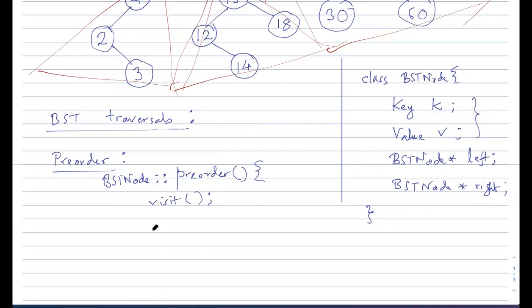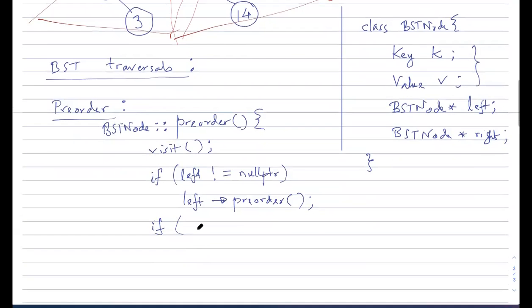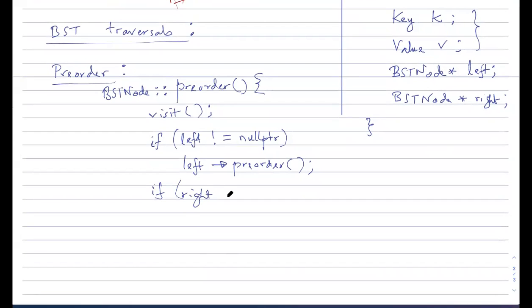Okay, and then after that, I check if left is not equal to null pointer, then I go left pre-order, right? If right is not equal to null pointer, I go right.